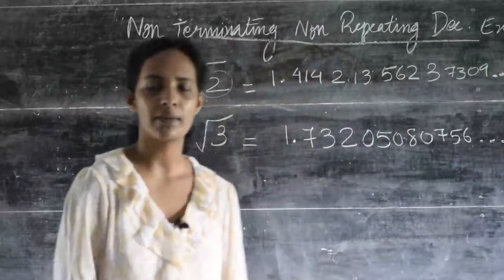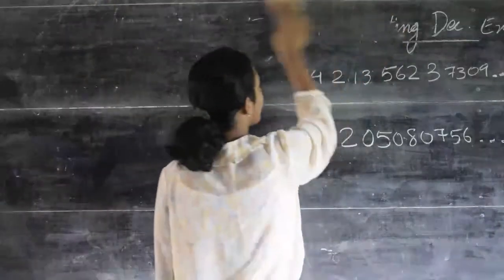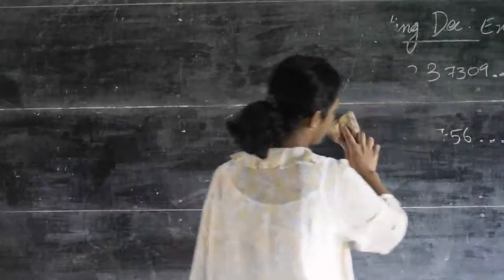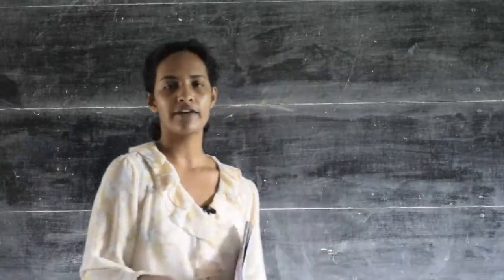So now to summarize whatever we have studied up until now, I've studied 3 types of decimal expansion, in order to understand what irrational numbers are.